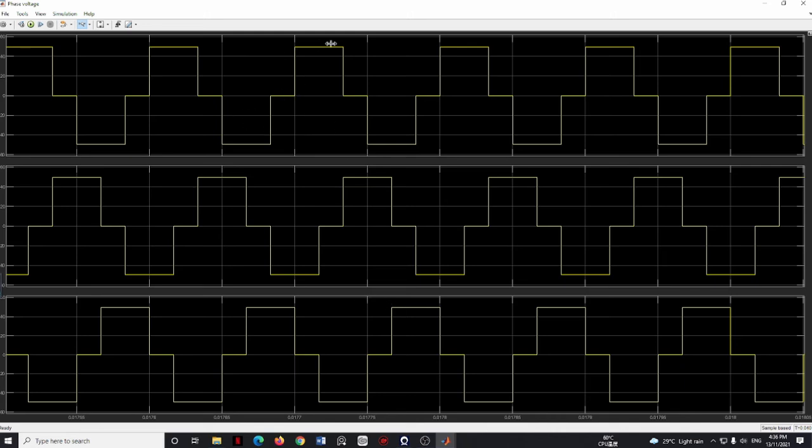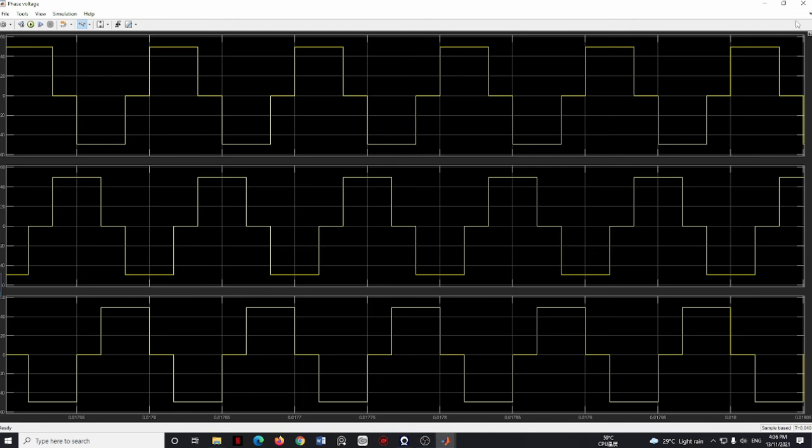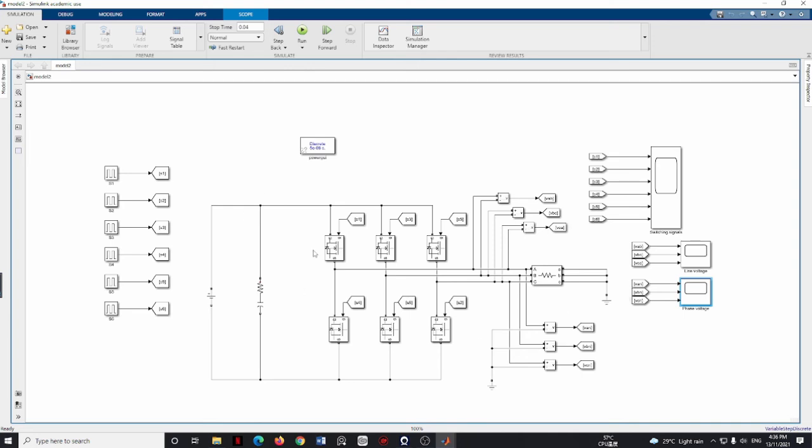From here we could see steps in the waveform, which are fewer than in the line voltage, but it still has some steps, different from the switching signal waveform. And that is the gain that I get from the simulation of this circuit.